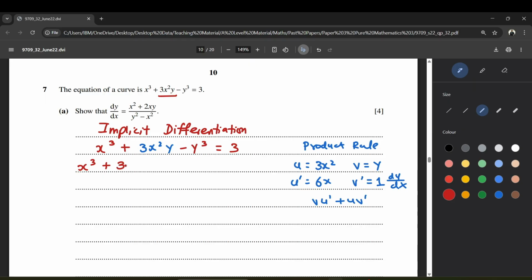I write it as it is, 3x squared, and multiply it with the derivative of the second function, so that will be 1 times dy/dx, plus the second function as it is multiplied by the derivative of the first function. The derivative of 3x squared will be 6x. Then minus y cubed becomes minus 3y squared dy/dx, equals 0.